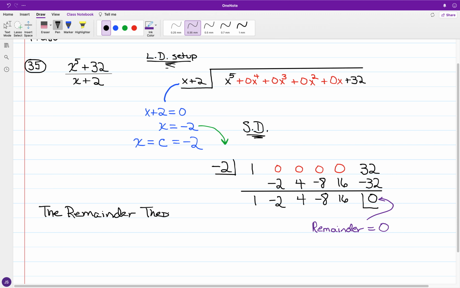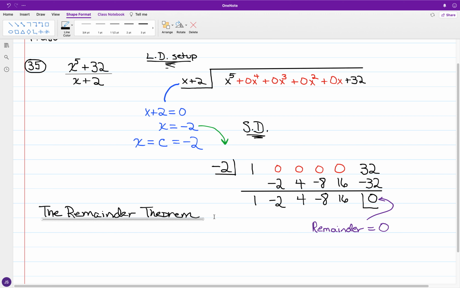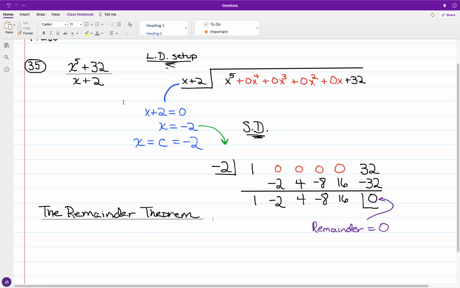To be able to use synthetic division, the divisor must be first order in x. If I have something like x squared or x cubed, or something like x to the 1/2, but it's not x to the first, you cannot perform synthetic division.